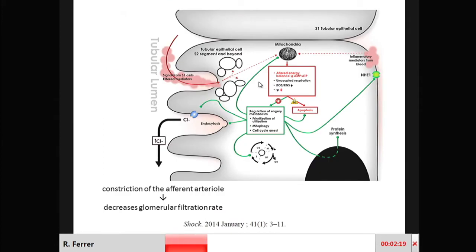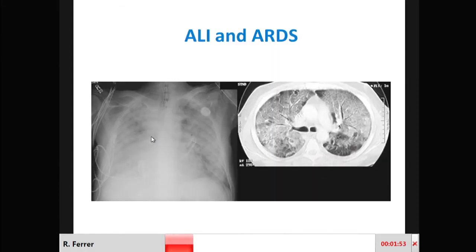The consequence is that there is going to be less oxygen in the mitochondria, less ability of the mitochondria to use this oxygen, a decrease in the uptake of chloride, an increase of chloride in the tubular lumen with vasoconstriction of the afferent arteriole and decreasing the glomerular filtration rate. So again, endotoxin and inflammatory mediators are playing a key role in acute kidney injury in patients with sepsis.